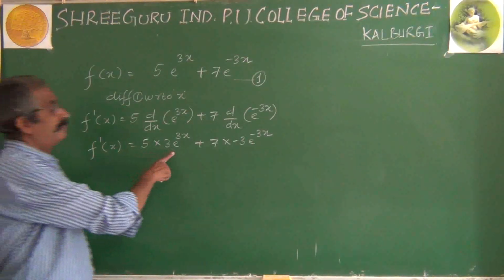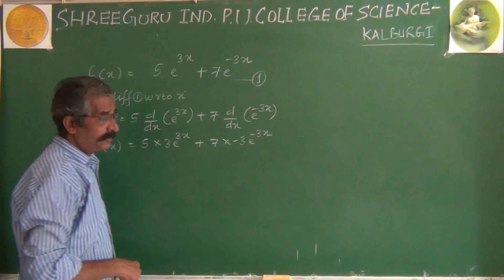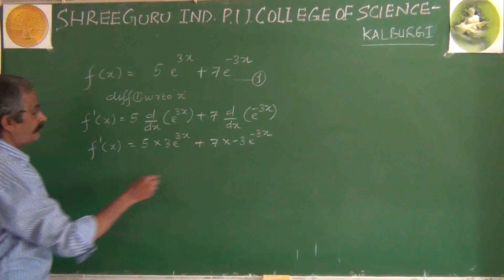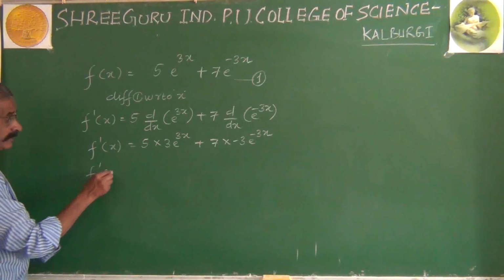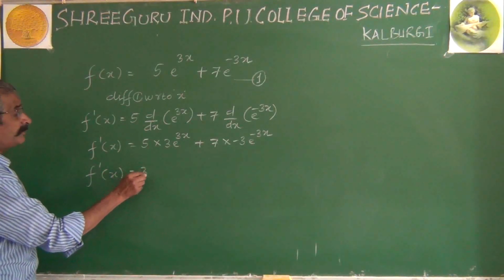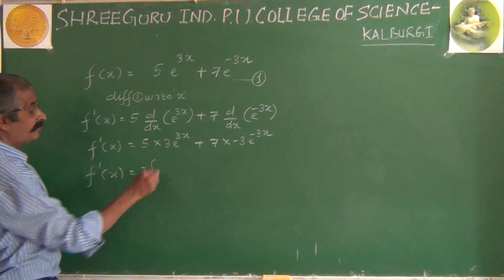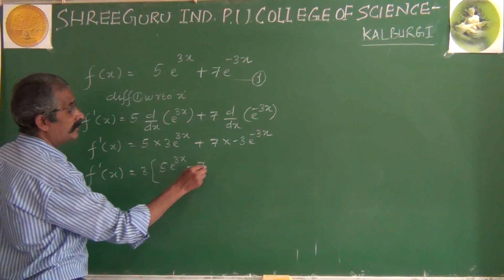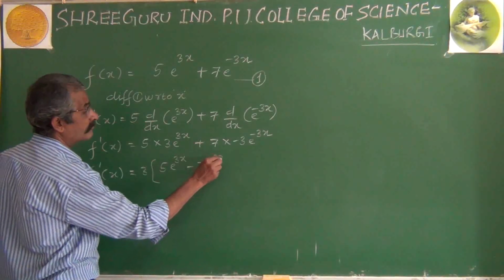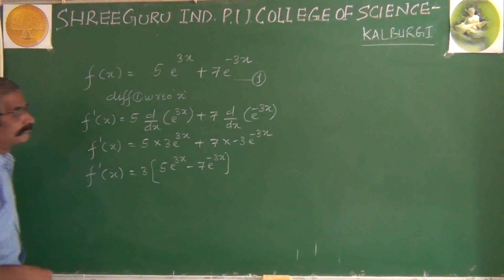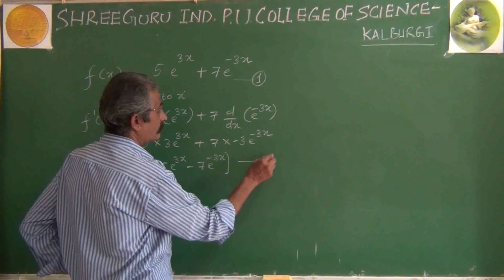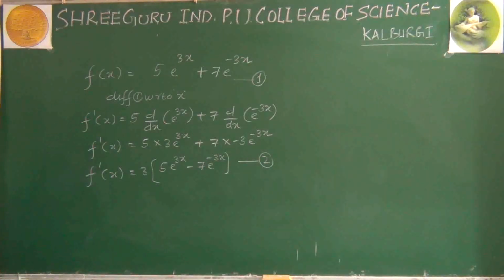5 into 3 is 15, 7 into 3 is 21, or else if you want you can take common factor 3. So f dash x equals, with common factor 3, left in the bracket is 5 e power 3x minus 7 e to the power of minus 3x. Call this equation 2. And let's differentiate 2 again with respect to x.